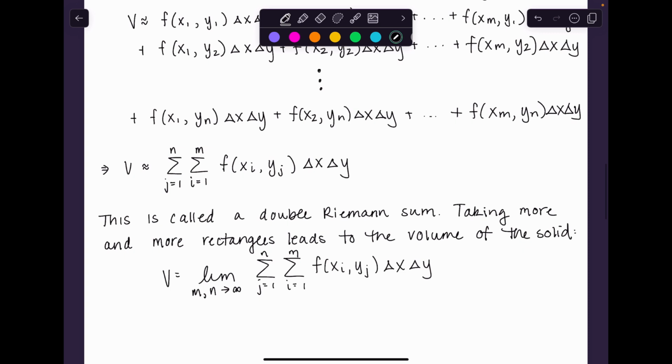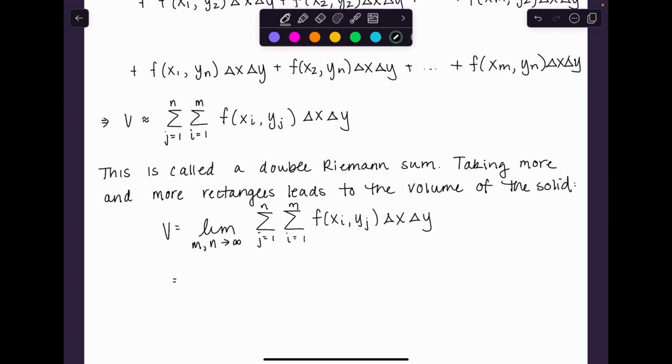And if you remember what that turns into, it becomes just a bunch of integrals. Okay? So the sums and the limits would switch over to that full integral. Delta x turns to dx, delta y turns to dy. And then for our bounds, it's just going to be the values x is changing between and the values y is changing between.